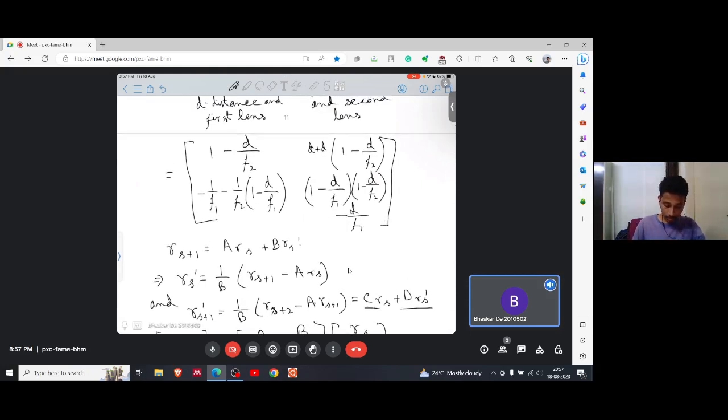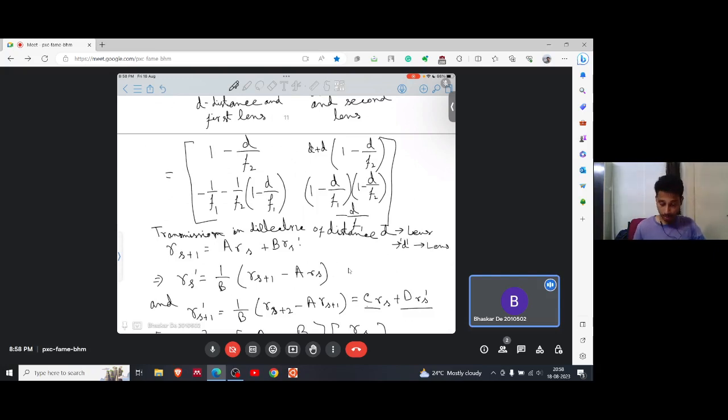This matrix shows the distance d, then lens, then again distance d, then again lens.